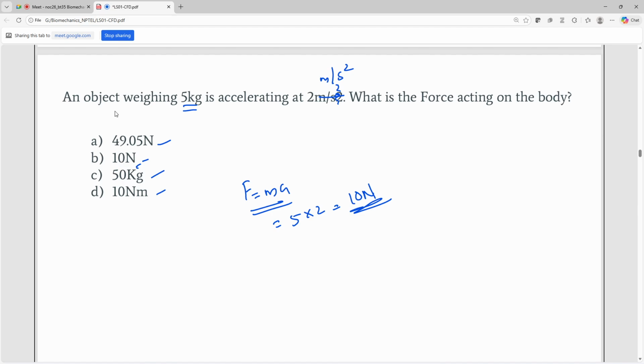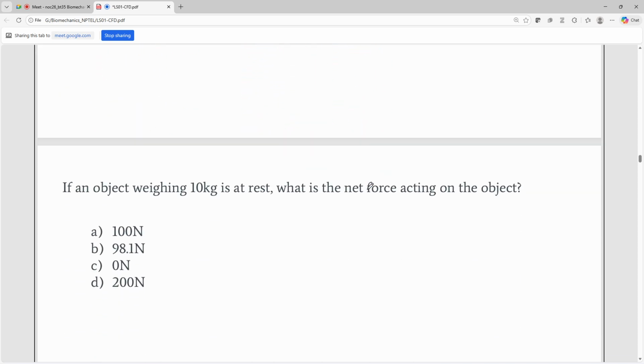So once you see this kind of question, you will feel a relief and try to just click any 10. 10 Newton is there. You might accidentally click on this 10 Newton meter, then it's gone. So whenever there is a simple question, you should understand it's a test of your presence of mind. Take a 1 or 2 seconds, try to answer the questions properly.